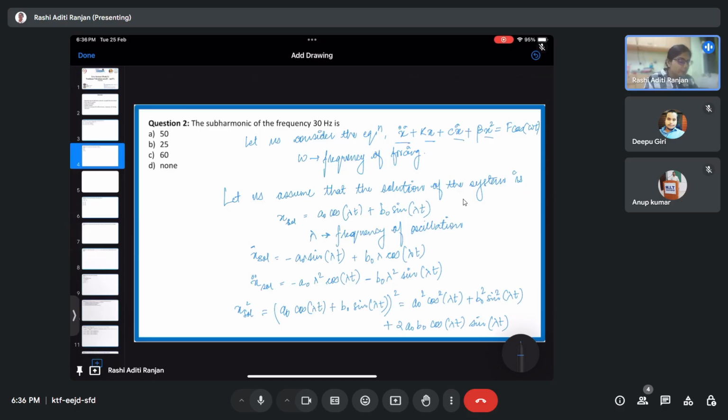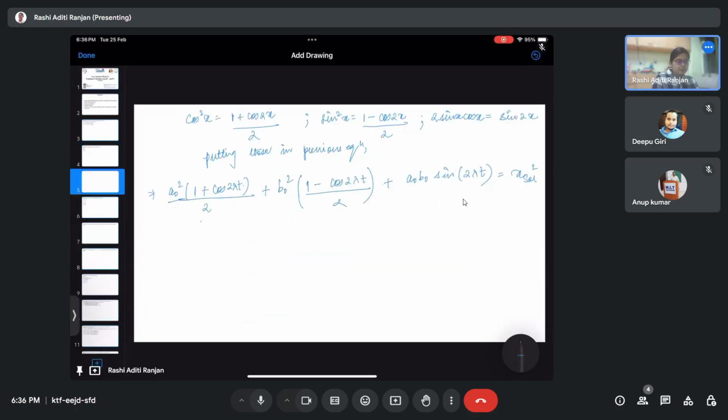In x naught I have a term of sine lambda t and cos lambda t. In x double dot of solution I have cos lambda t and sine lambda t. And x square of solution is a naught square by 2, b naught square by 2, plus some terms of cos twice lambda t and sine twice lambda t.